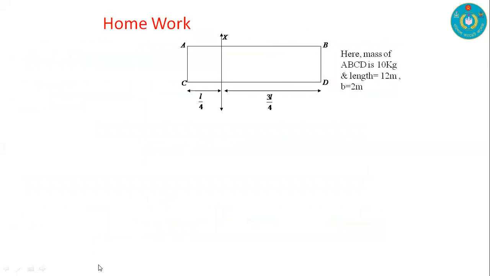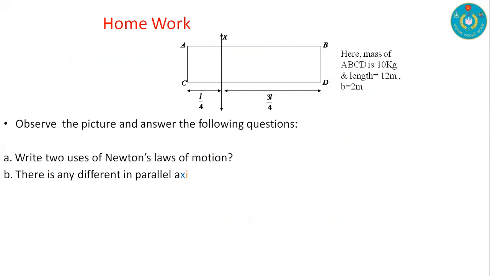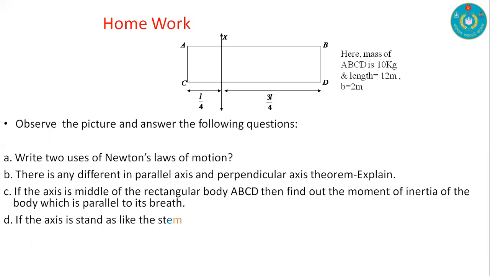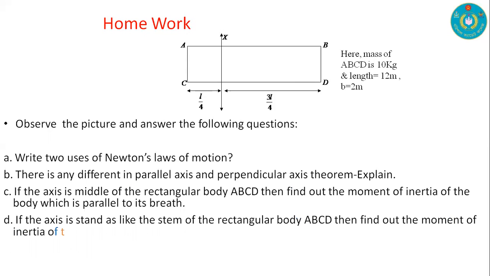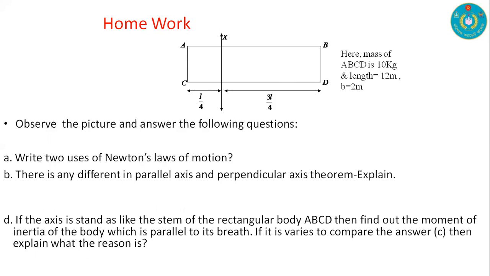And homework for you: observe the picture and answer the following questions. Write two uses of Newton's laws of motion. Is there any difference between the parallel axis and perpendicular axis theorem? Explain. If the axis is through the middle of the rectangular body ABCD, then find the moment of inertia of the body parallel to its breadth.